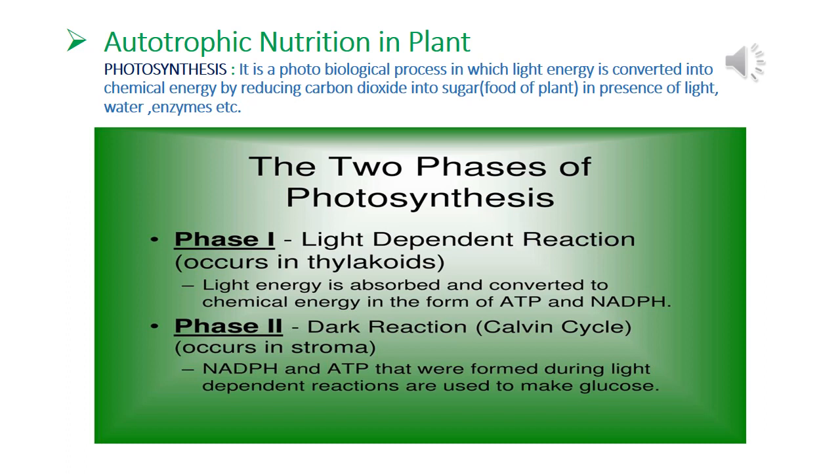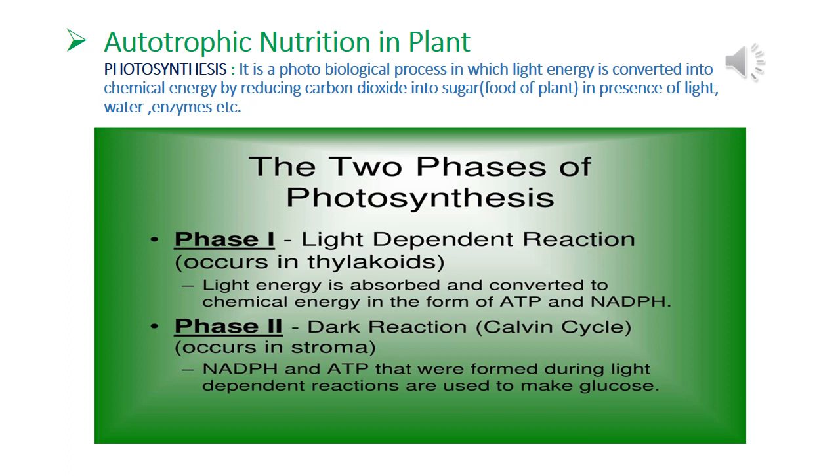Now, before preparation of the food, the energy is prepared first, and that is called assimilatory power, which is a chemical form of energy. Now this assimilatory power, that is ATP and NADPH, is prepared in phase 1 reaction of photosynthesis, and that is called light reaction.